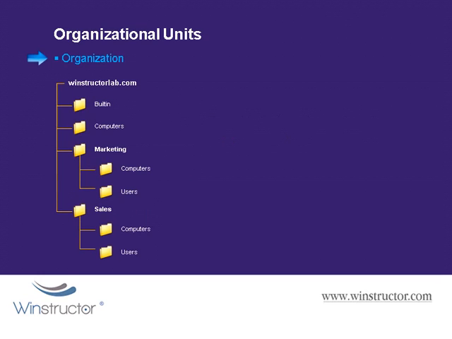Now, in an organisational model, OUs are designed around the company structure. In this model, you'd expect to create OUs for the marketing department, the sales department, the accounting department, and so on. Each department would likely have its own administrator and they'd manage their own resources. So the organisational model has its own advantages.